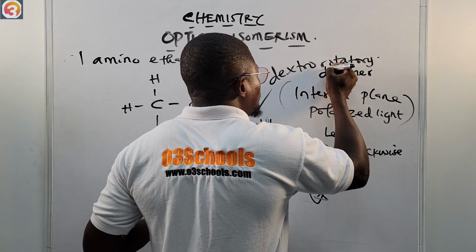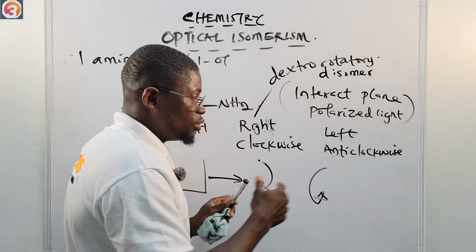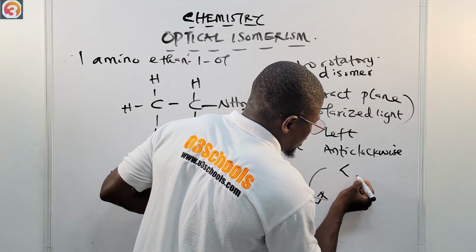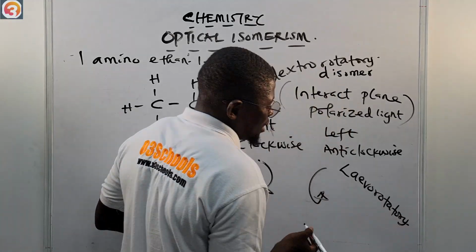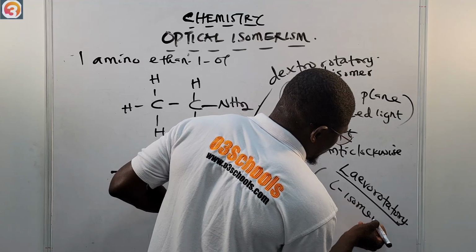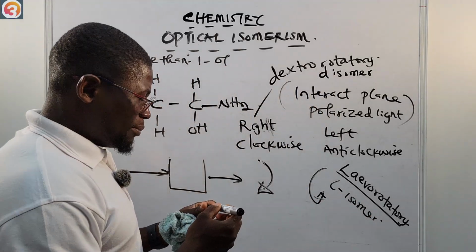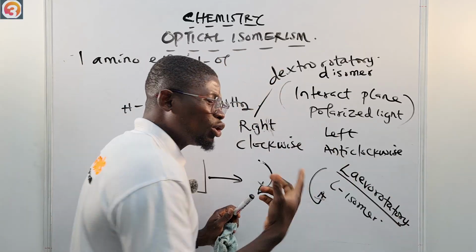The D-isomer. But if it rotates it anti-clockwise, or to the left, we call that levorotatory. We say it is levorotatory, or call it the L-isomer. Of course, because it rotates it to the left, that means it's rotating it in an anti-clockwise direction.